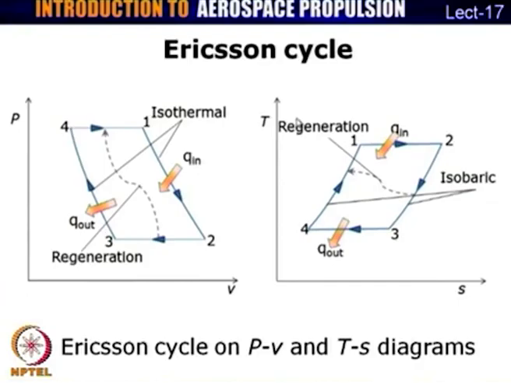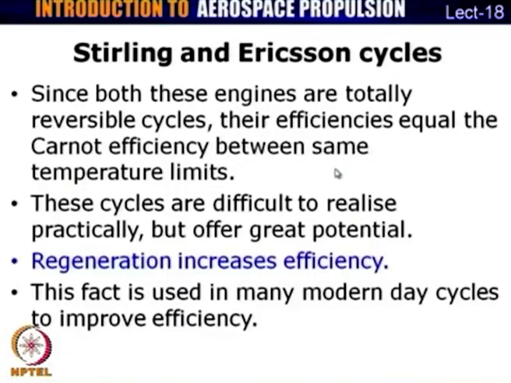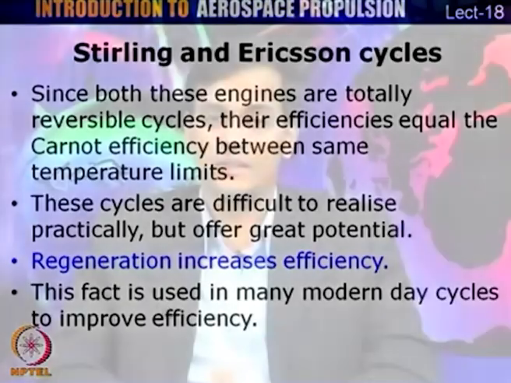On TS coordinates, the same cycle looks like this. We have isothermal heat addition, isothermal heat rejection, and constant pressure regeneration during process 2 3 and process 4 1. So, this is Ericsson cycle on PV and TS diagrams. So, both these engines are totally reversible cycles, because they are anyway internally reversible like Otto and diesel cycles.